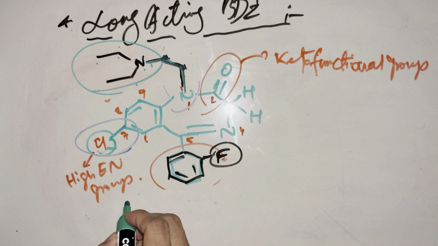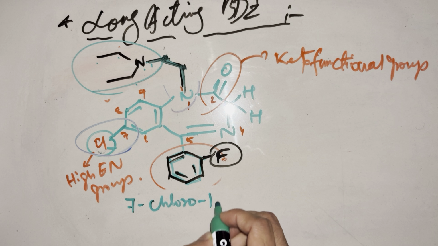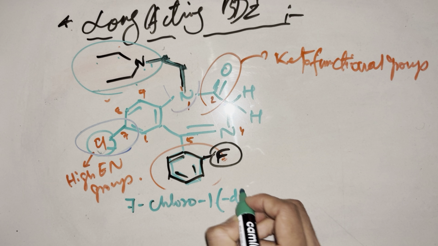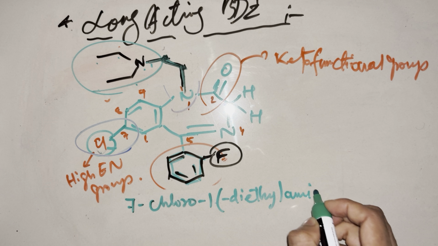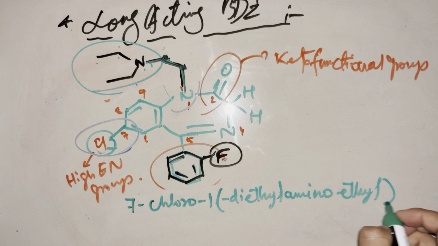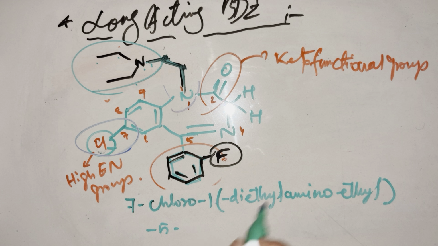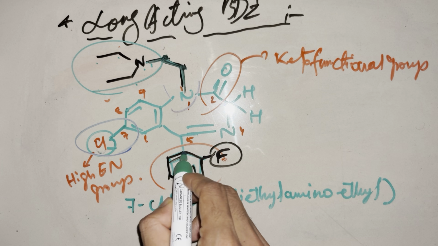So the naming will be 7-chloro-1-(diethylaminoethyl), bracket closed. Next, 5. Now see, this is 5. This is a phenyl group, but this phenyl group is again connected with 1, 2.